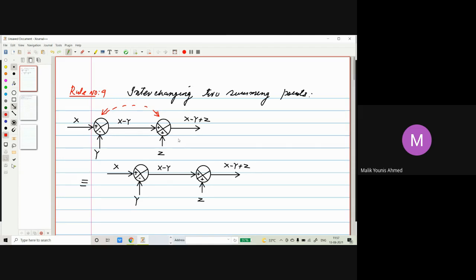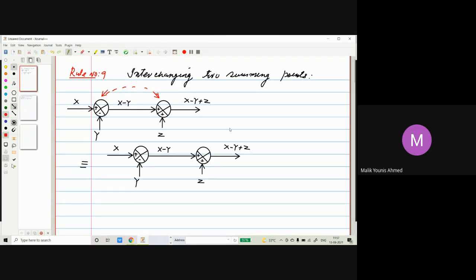Now what's the input going to this? X. This input is plus and plus. Leaving the input first. Let me draw the new one itself because it's not big enough to manipulate this.